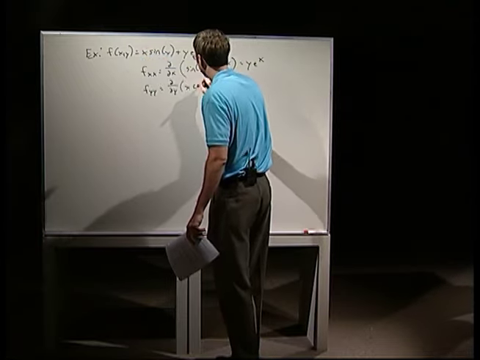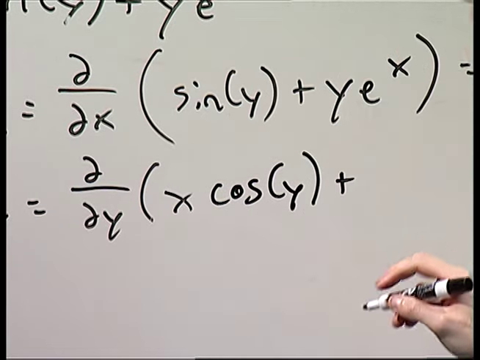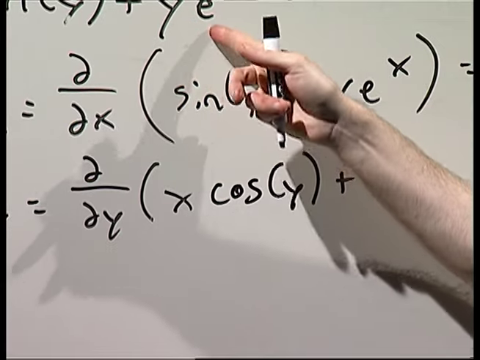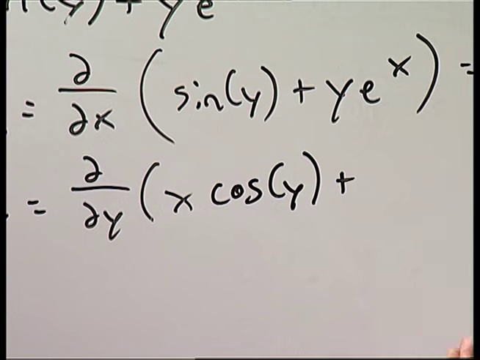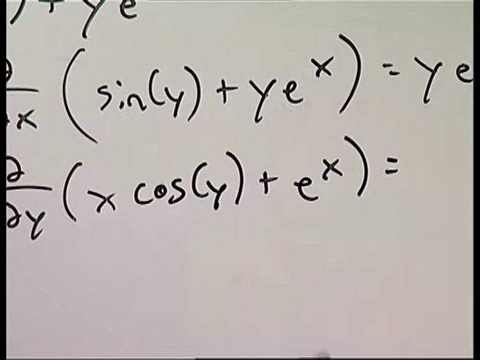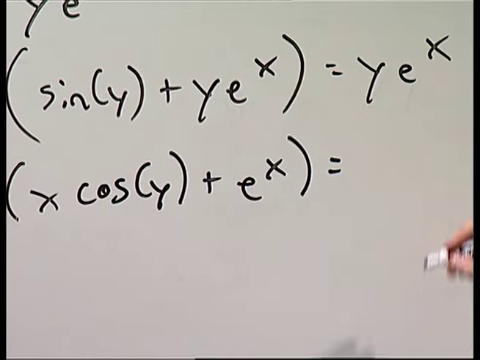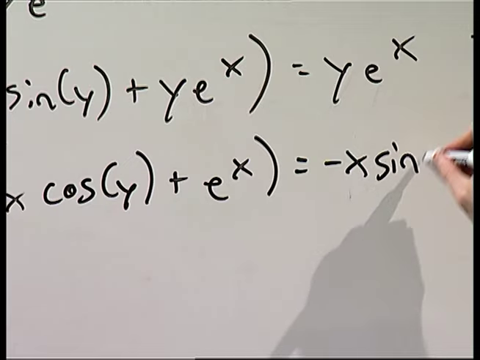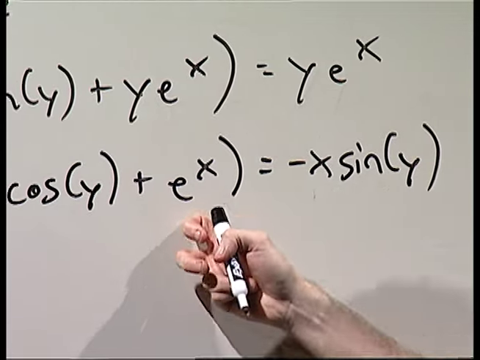So this is x cosine y. This is a linear term in y. It's y times coefficient e to the x. So we just get e to the x over here. Do partial with respect to y of this. What do you get? You get minus x sine y, because again, this guy has no y in it.